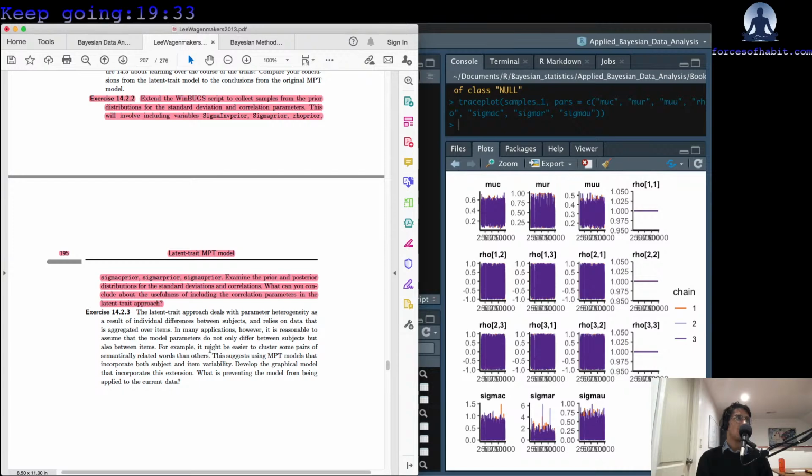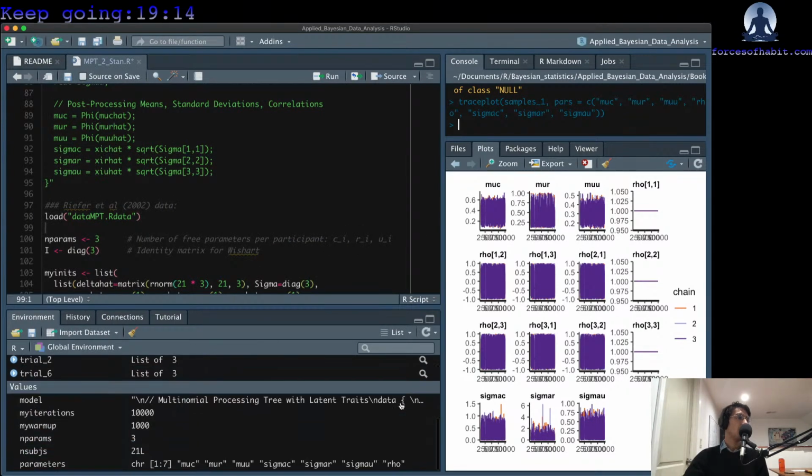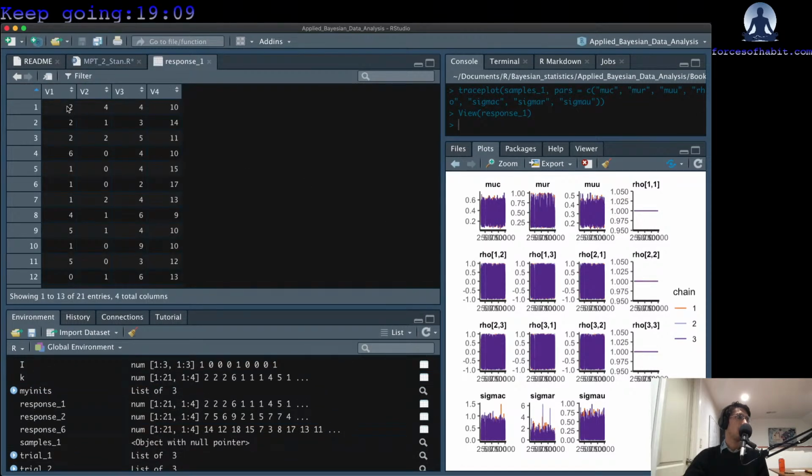Okay, so well, we wouldn't be able to do this because the data is aggregated in subjects. Right, so if you look at the response ones here, for each subject, I don't have item variability. I'd need information about each of these items, right?